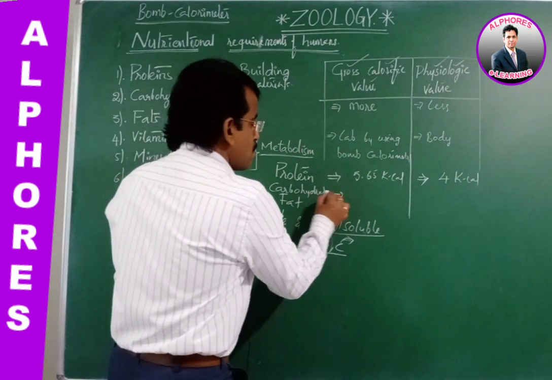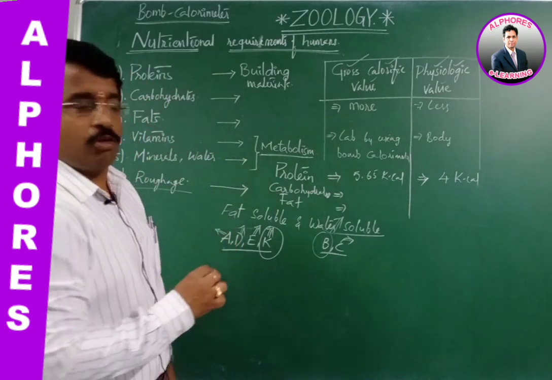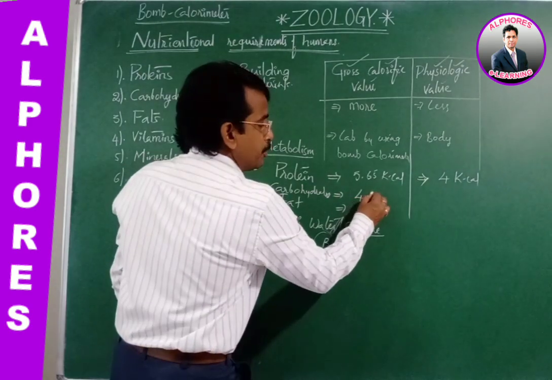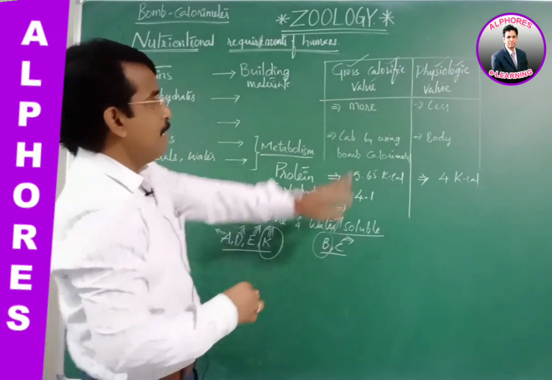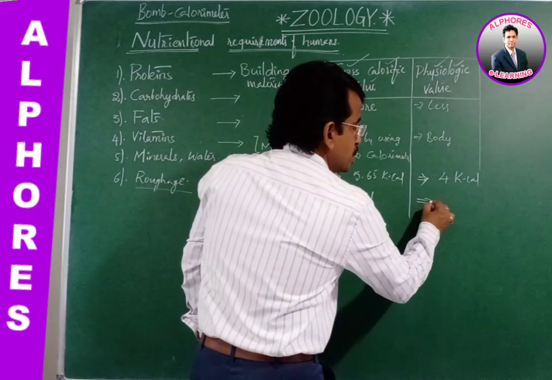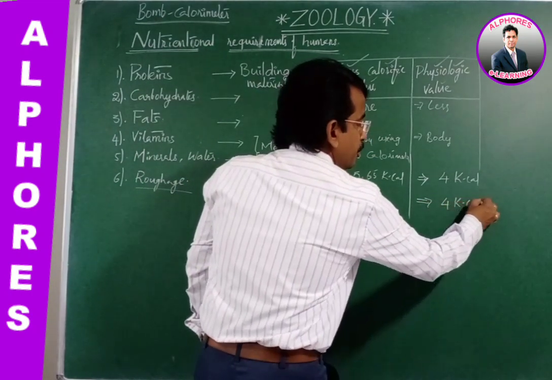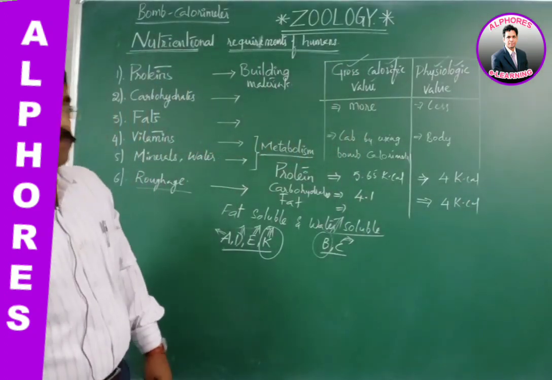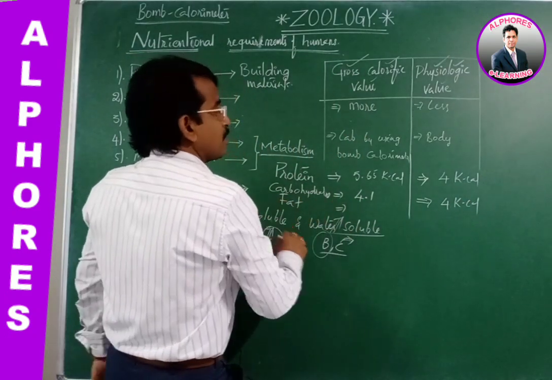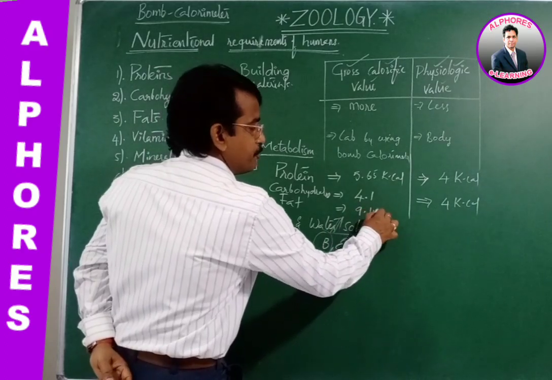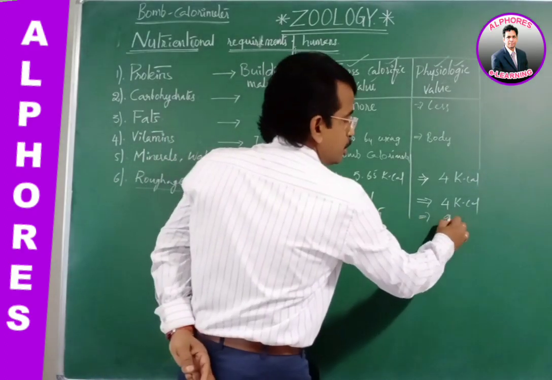And carbohydrate gross calorific value is 4.1. Physiologic value is 4 kilocalories. Next, the fat gross calorific value 9.45, whereas here it is 9.